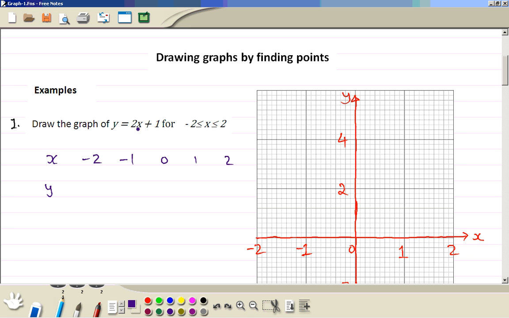When x is minus 2, 2 times minus 2 is minus 4, plus 1 is minus 3. 2 times minus 1 is minus 2, plus 1 is minus 1. 2 times 0 plus 1. 2 times 1 plus 1. Then 2 times 2 plus 1 is 5.